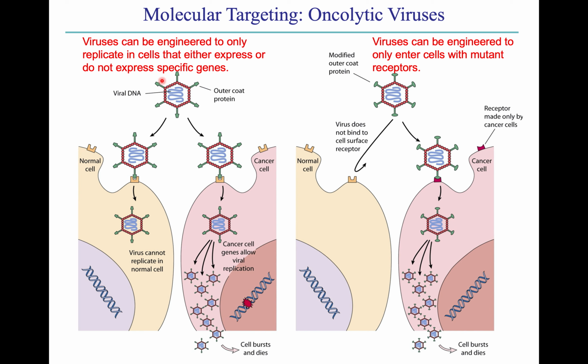One is you engineer the virus so that it will actually enter all cells, healthy cells and cancer cells, but it's only going to be able to complete its replication cycle inside the cancer cell. And as it does that, it produces new virus particles that would hopefully lead to the death of the cancer cell, whereas the normal cell would not be affected.